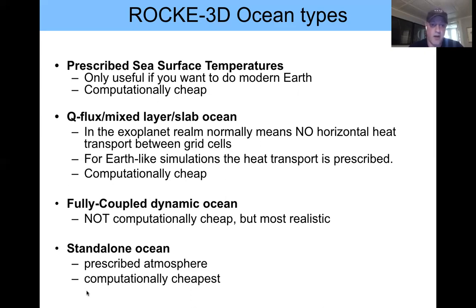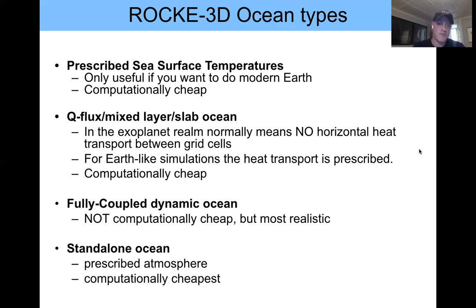For exoplanet runs, we usually don't have horizontal heat transport between grid cells. But if you know the horizontal heat transport, you can prescribe it, for example, for Earth-like simulations.